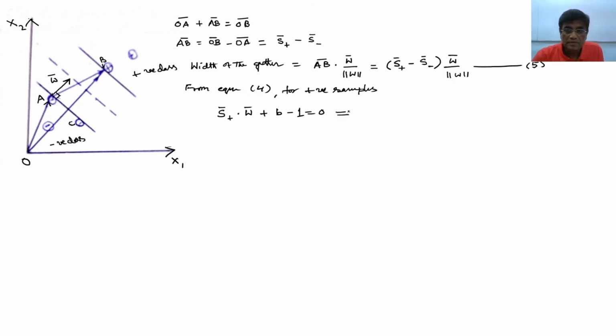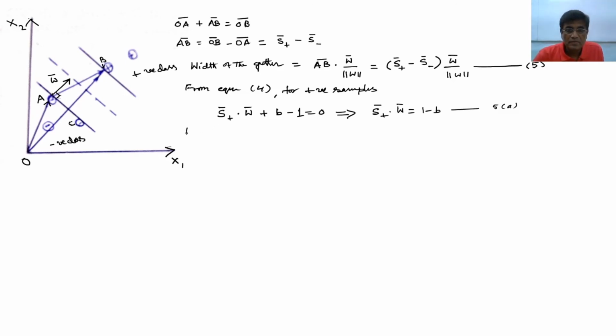So that is giving you x positive dot W equals 1 minus b. And we can call it 5a.